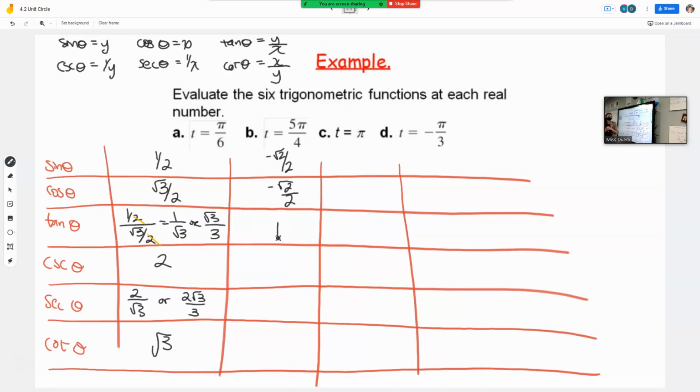Which makes tangent easy because they're over themselves, and when you divide something by itself, it's just going to be 1. But it does make cosecant and secant kind of messy when you go to flip it. It's possible, but it's messy. Because when you flip, let's see, what are you flipping? You're flipping negative root 2 over 2.